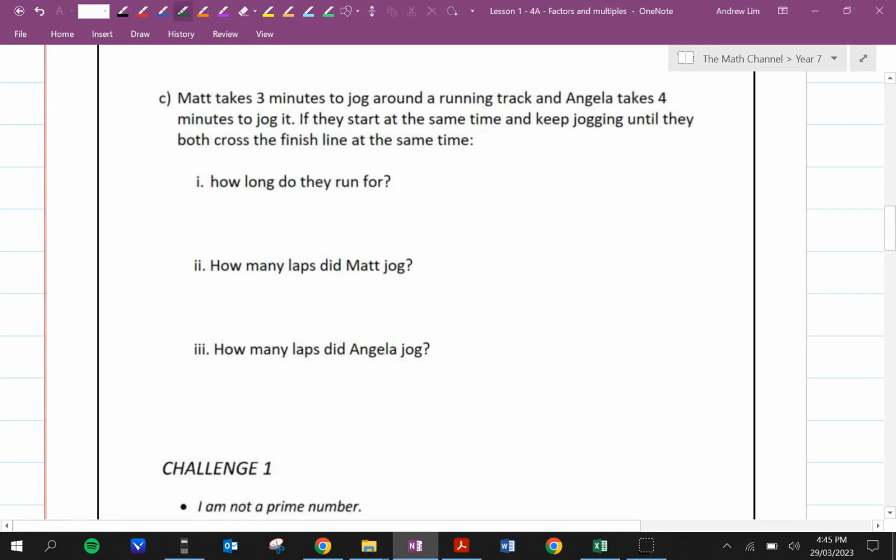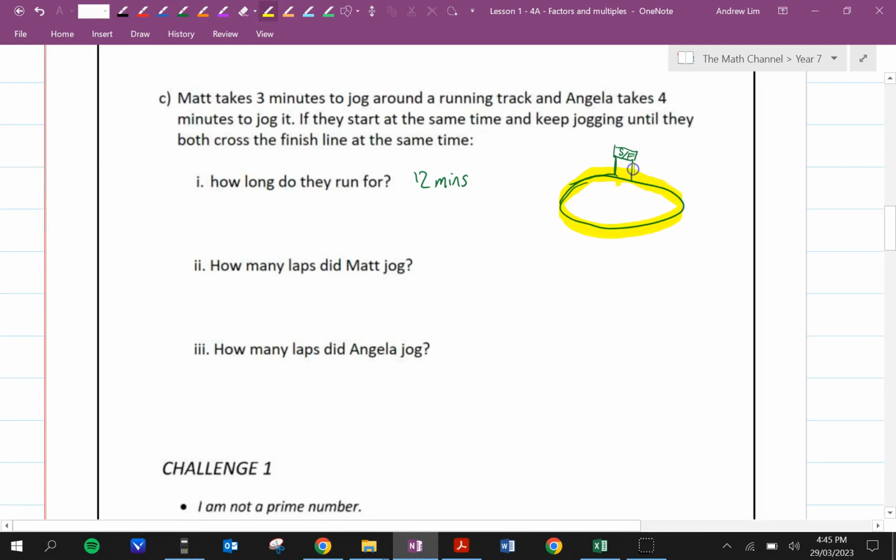Okay, so how long do they run for? They actually run for 12 minutes. Let's assume that here's my track and here's my start and finish. If Matt takes 3 minutes to jog and he's going around it, let's use yellow for Matt.